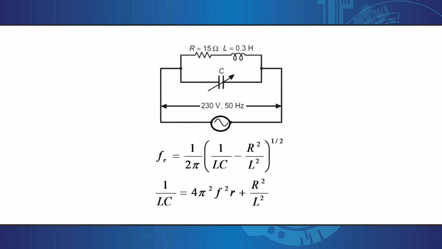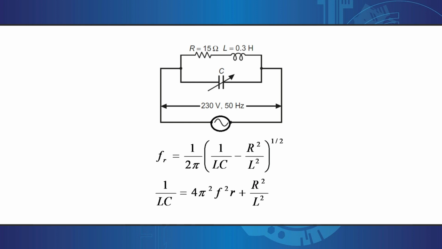According to the given data, draw the circuit like this: resistance R of 15 ohm connected with inductance L equal to 0.3 Henry, one variable capacitance connected across this coil, and a 230 volt 50 Hz supply connected across these two branches.